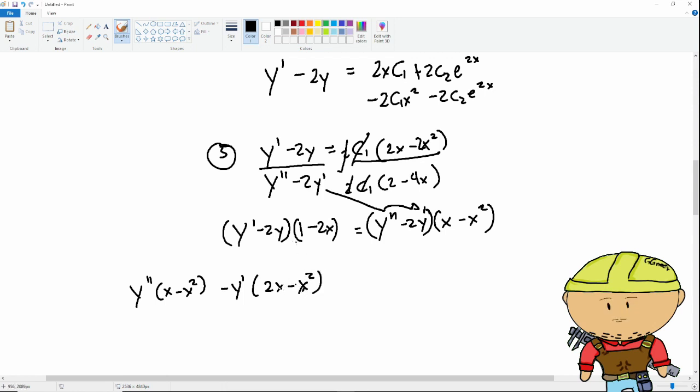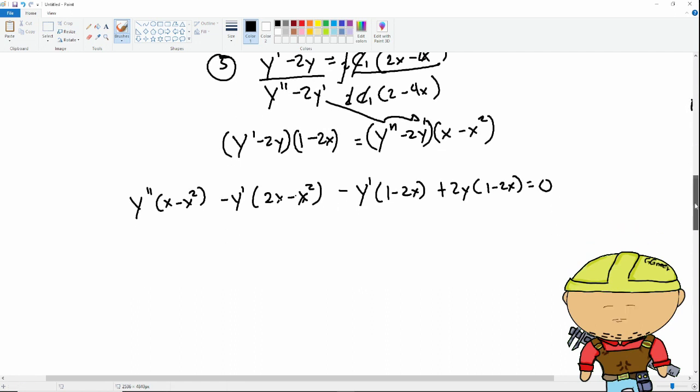Then we're gonna put the left side on the right too. Minus y prime times 1 minus 2x, plus 2y times 1 minus 2x. Okay, so we can simplify y prime.